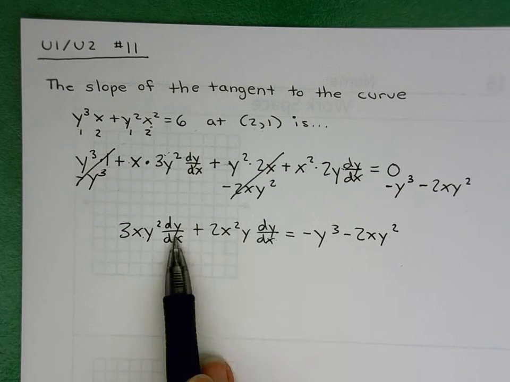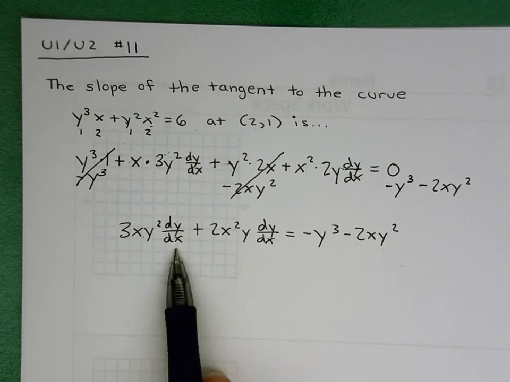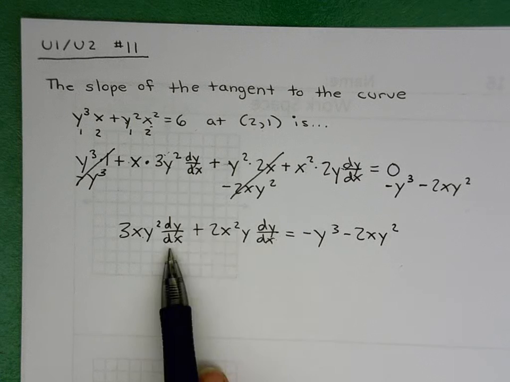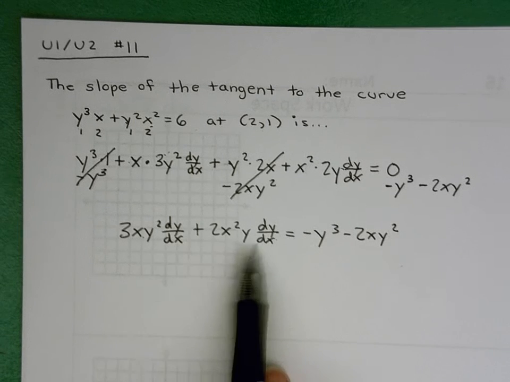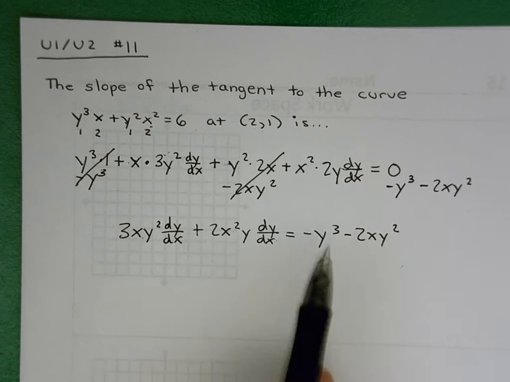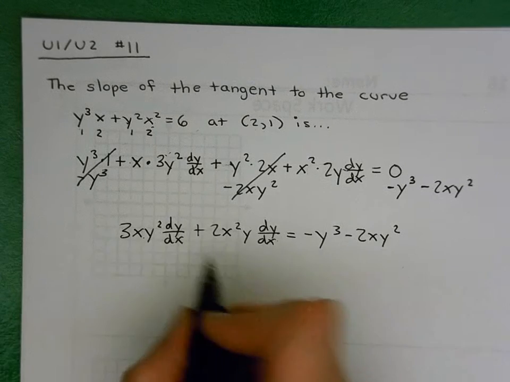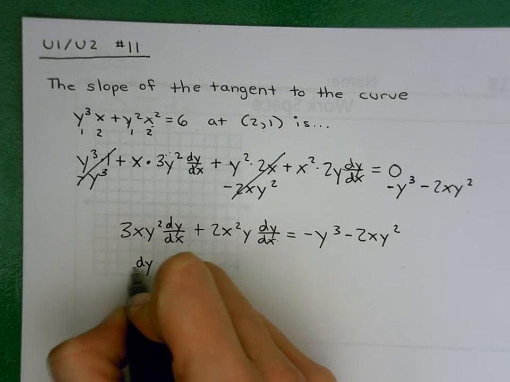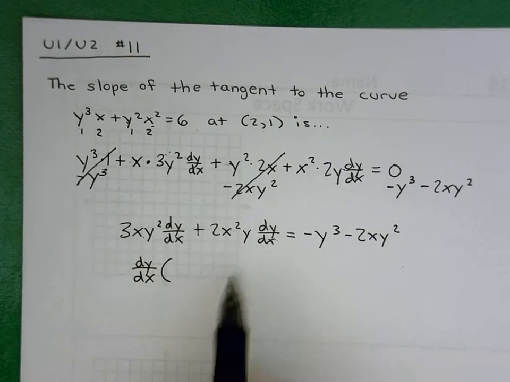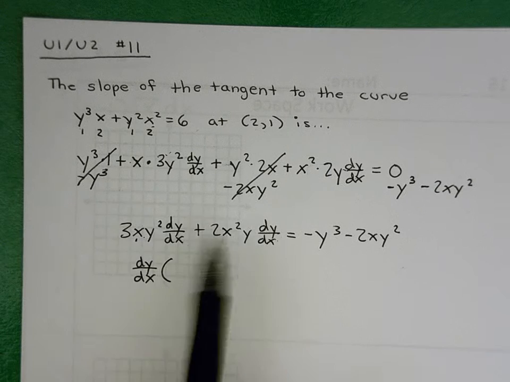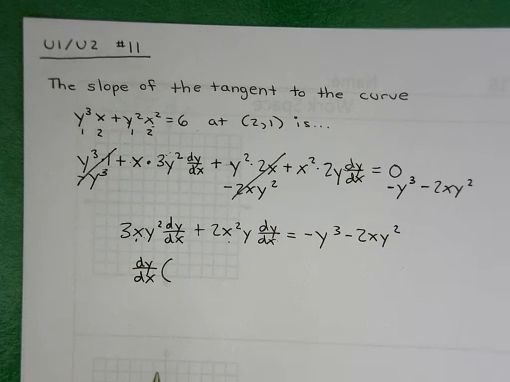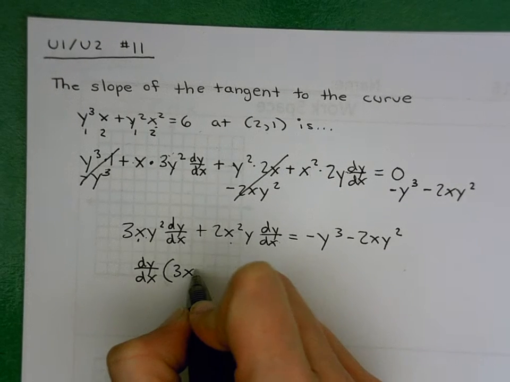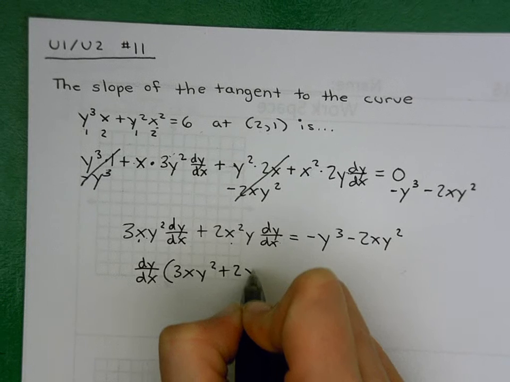Third step, now that we have them separated, the dy dx terms away from the non-dy dx terms, I need to factor out this dy dx piece so that I can divide the remaining. Right, so I'm going to factor out dy dx. And so I'll be left with 3xy squared plus 2x squared y.